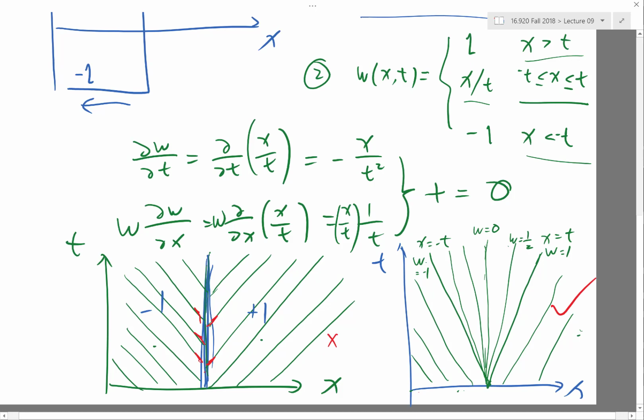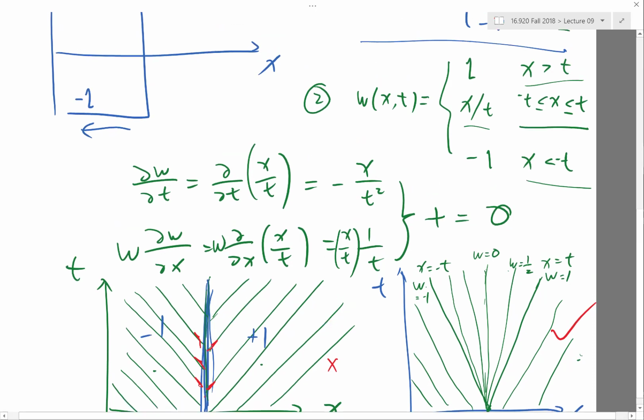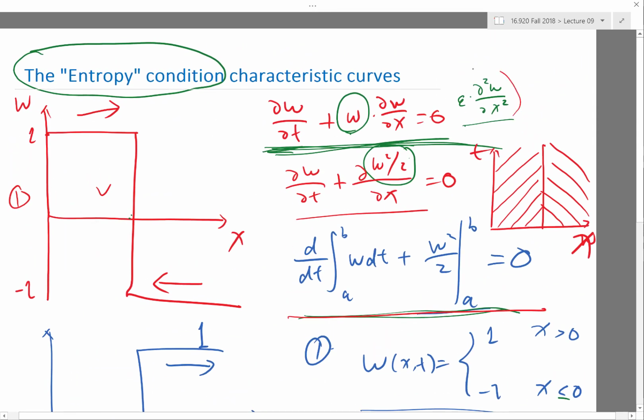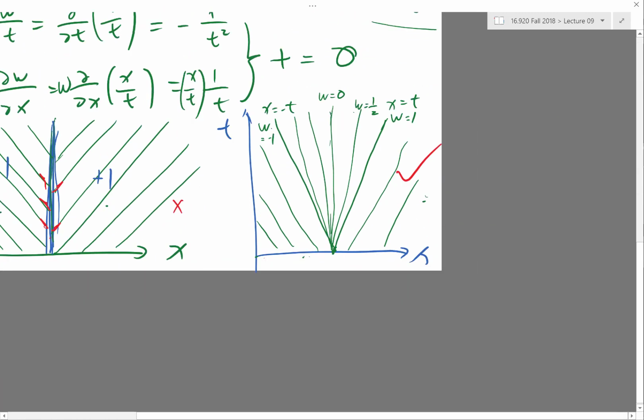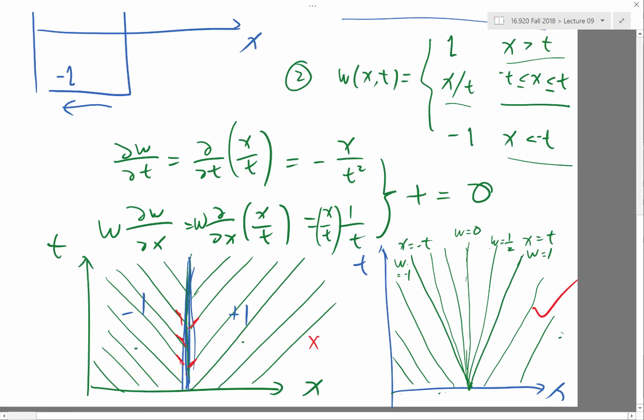What makes it not physical? I'm just trying to find out where the entropy condition comes from. What makes it non-physical is the viscosity, right? If you do have a very small viscosity, the discontinuity would no longer be maintainable.